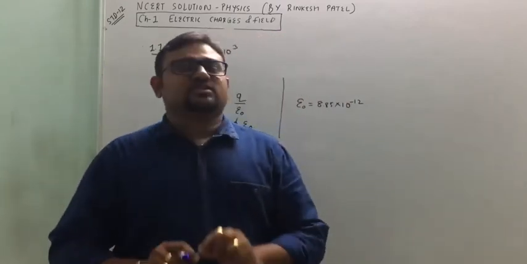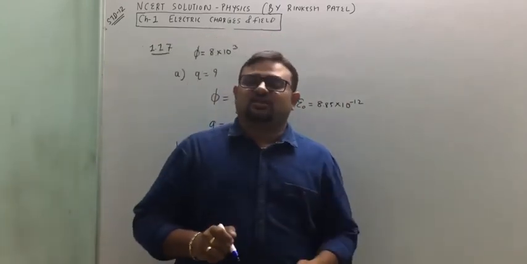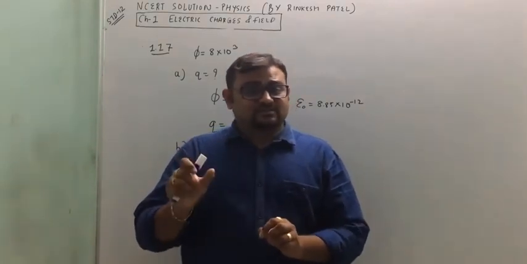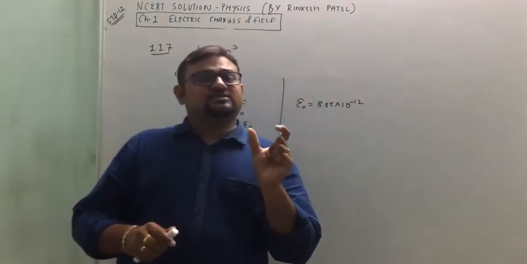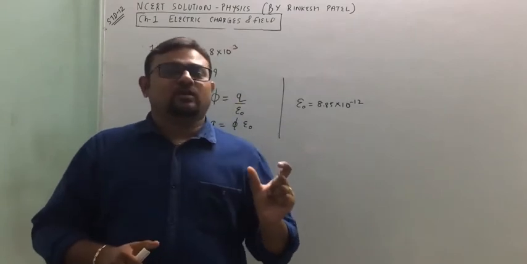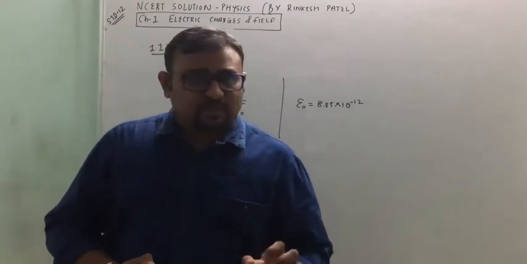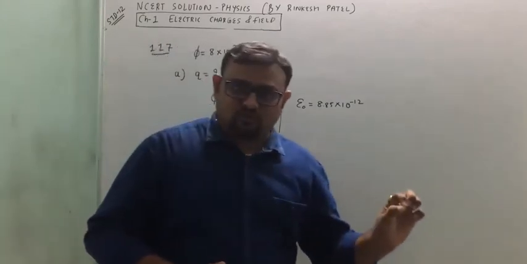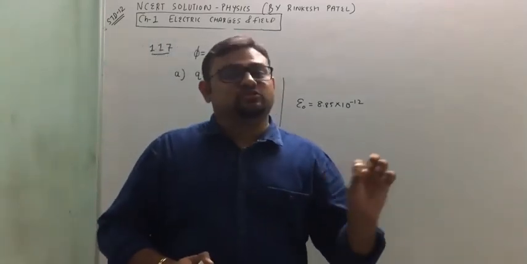The answer is no. We cannot say that there are no charges, because by Gauss law the flux is the summation of total charge enclosed upon epsilon 0. The flux can be 0 if the net charge is 0. It does not mean that there are no charges.